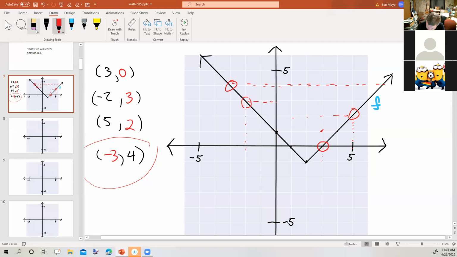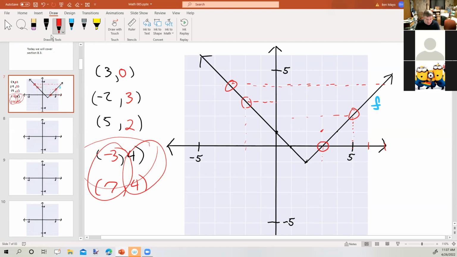But there's another value, isn't there? Oh, yes, it'd be 6. I went off the graph there. What would you guesstimate it would be? 7. Excellent. So we have 2 inputs with the same output.